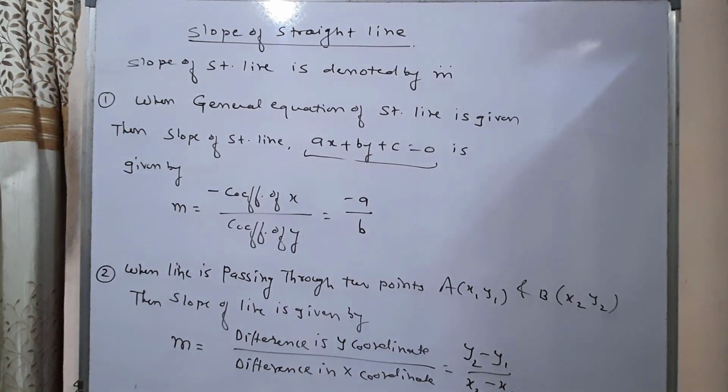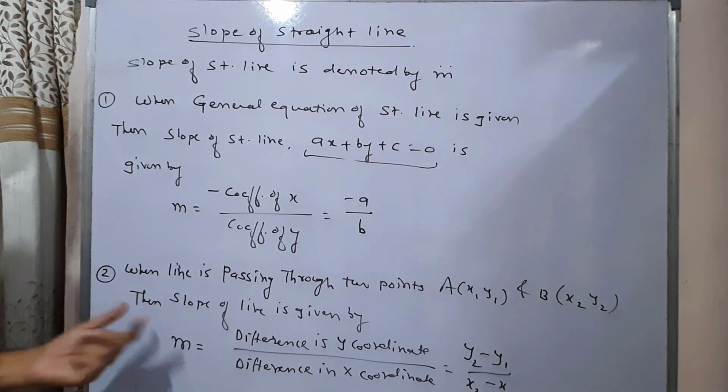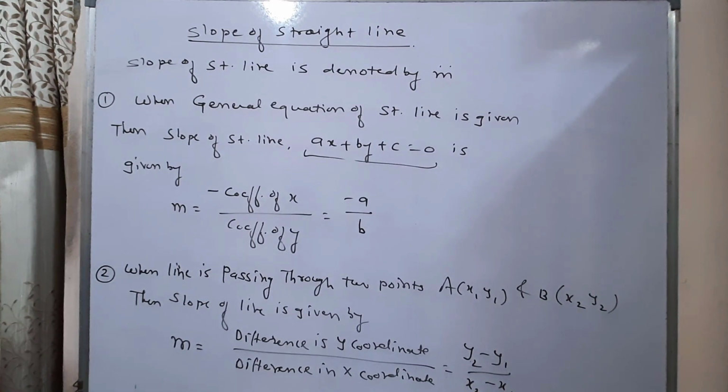So in such a way, we get another slope of a line which is passing through the 2 points.